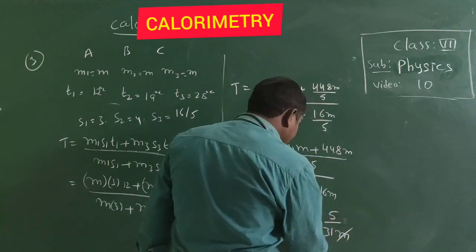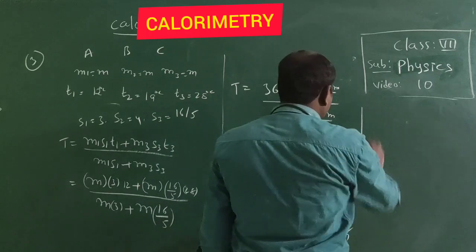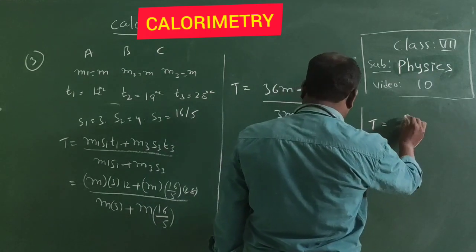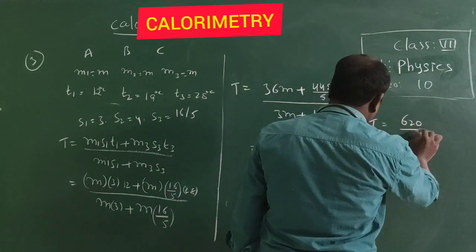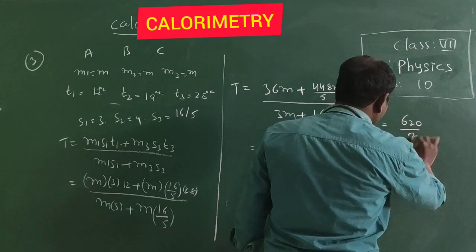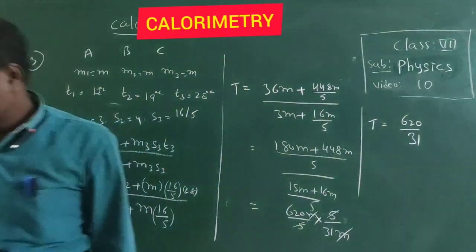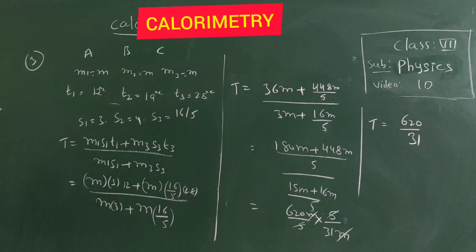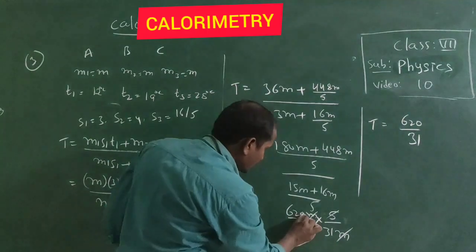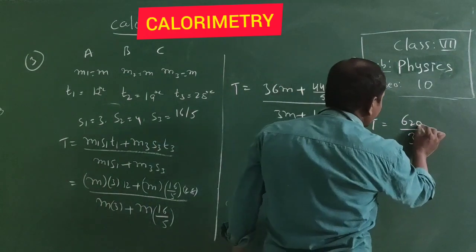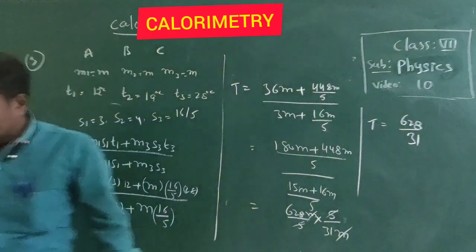M will cancel, 5 will cancel. So T equal to 628 by 31.